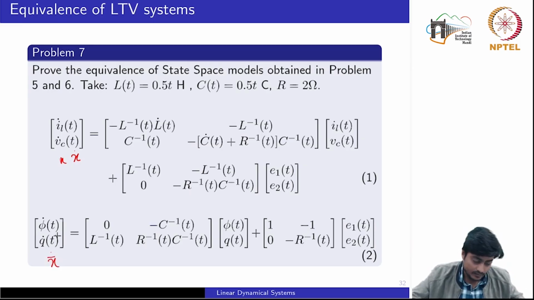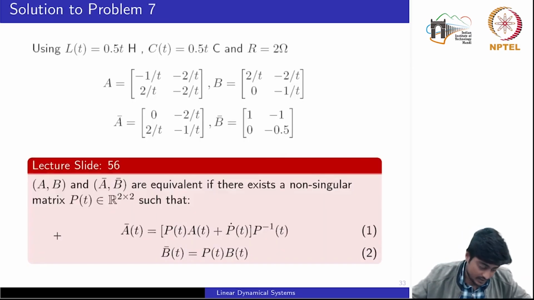If you recall lecture slide number 56, this is the condition we have: given that the two time dependent pairs are equivalent whenever there exists a non-singular matrix P of t. Here we have already specified a dimension, because the dimension of the state matrix is 2 cross 2.